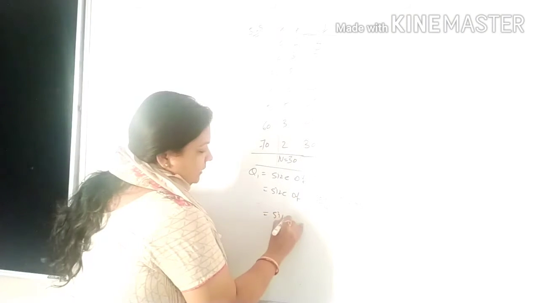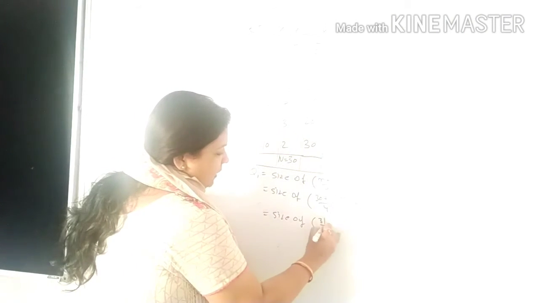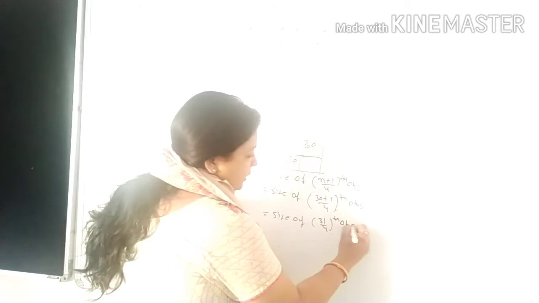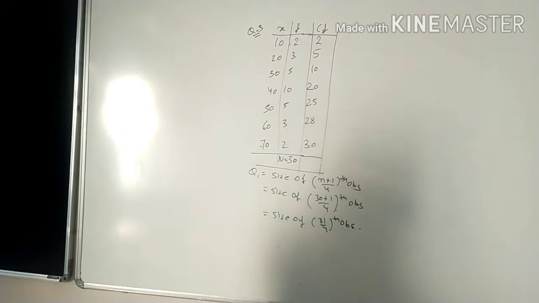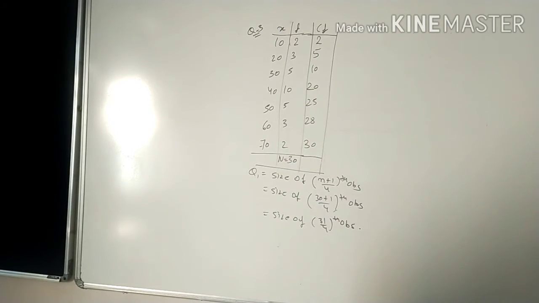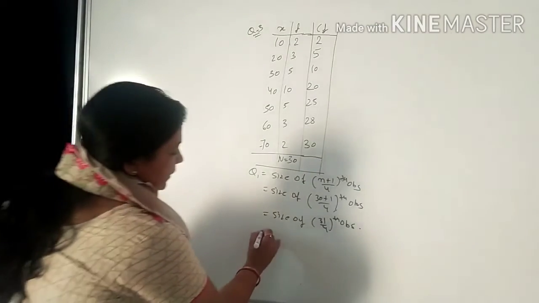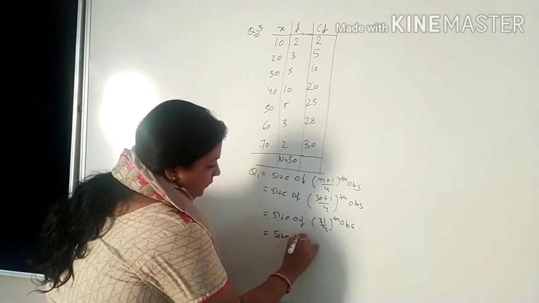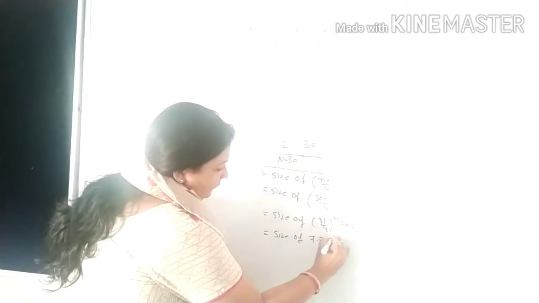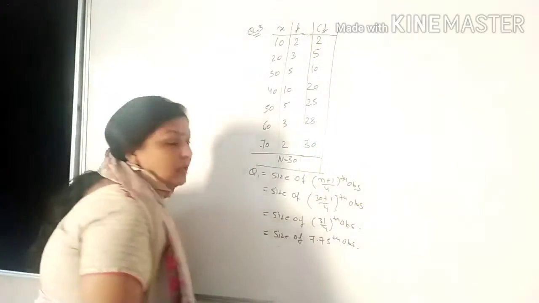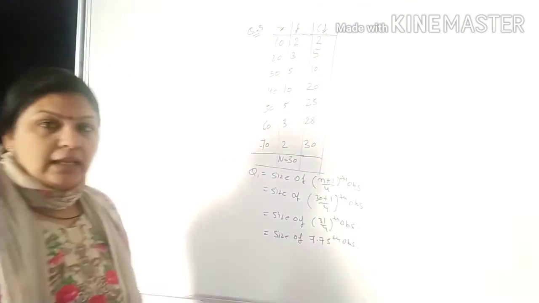So size of 31 by 4th observation. Just divide this by 4. 4 से divide करो बेटा इसको. When we divide by 4, it should be 7.75. So size of 7.75th observation. Now listen students, यहाँ कोई दिक्कत नहीं है ना.